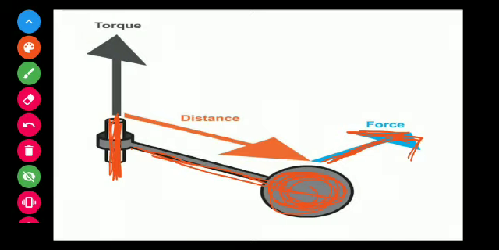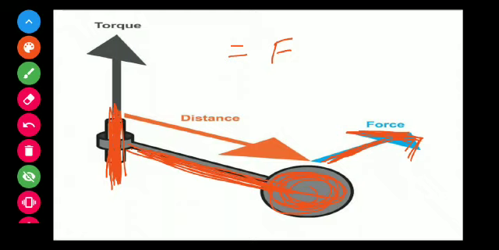Now what is the moment of force? Moment of force is equal to the product of force and perpendicular distance from the axis of rotation. This is your axis of rotation and this is the perpendicular distance from the axis of rotation. Why do we use the word perpendicular? Because this distance is perpendicular to the applied force.